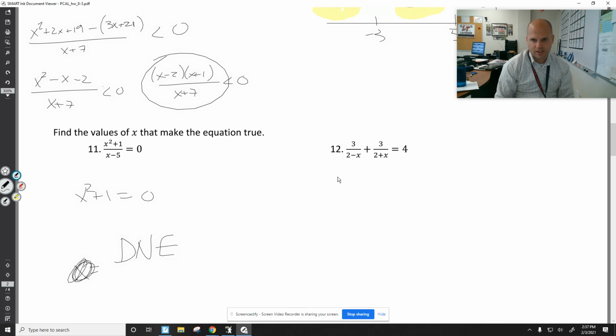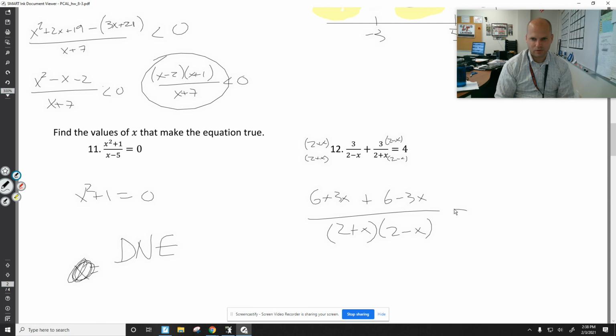Honestly, it's probably easiest to get a common denominator than multiply both sides. So 2 plus x, 2 plus x, 2 minus x, 2 minus x would give both sides a common denominator. I'm going to distribute, that's 6 plus 3x. This is 6 minus 3x over 2 plus x times 2 minus x.